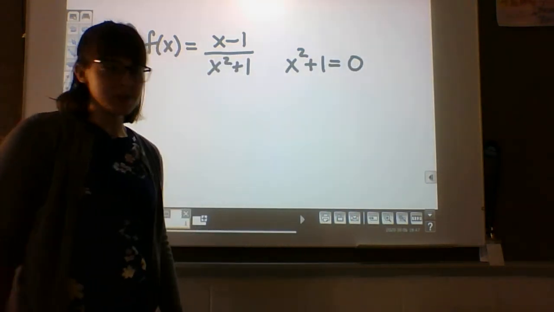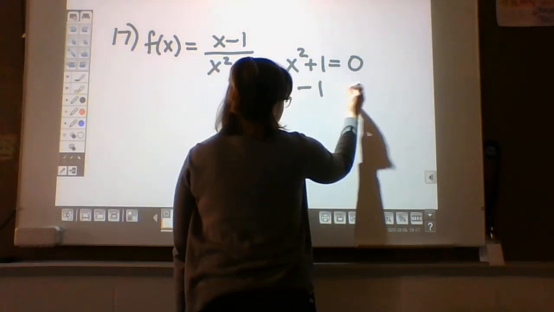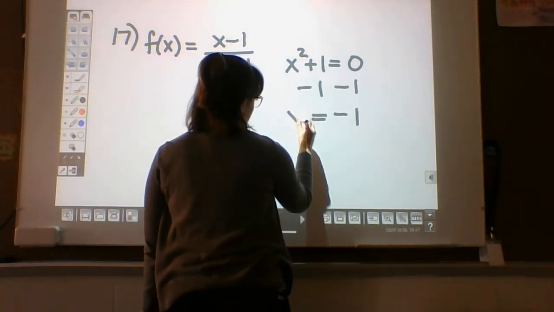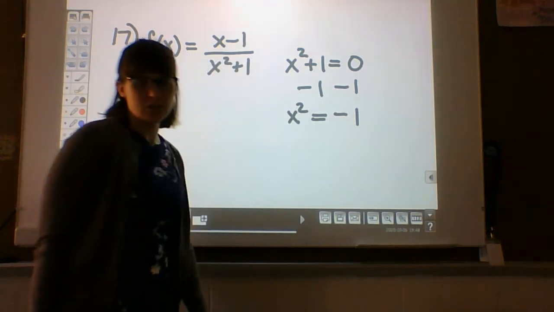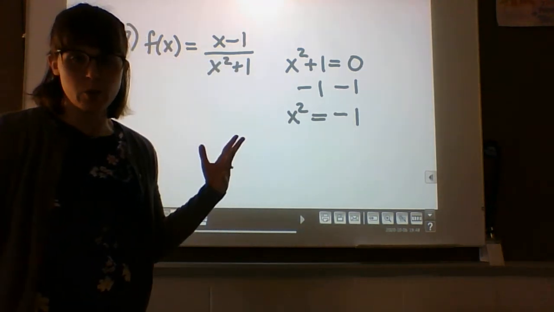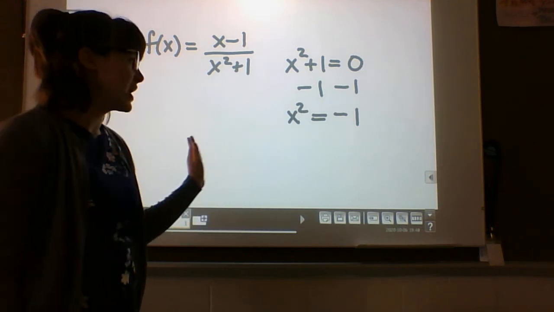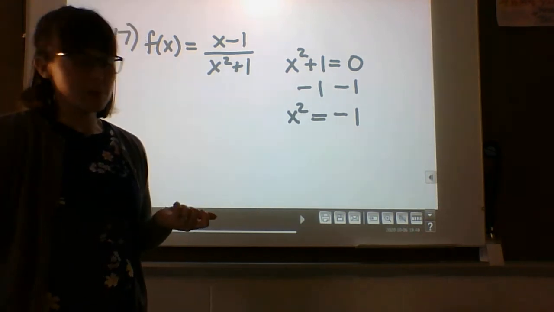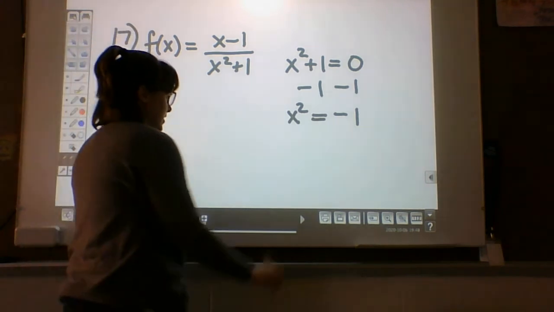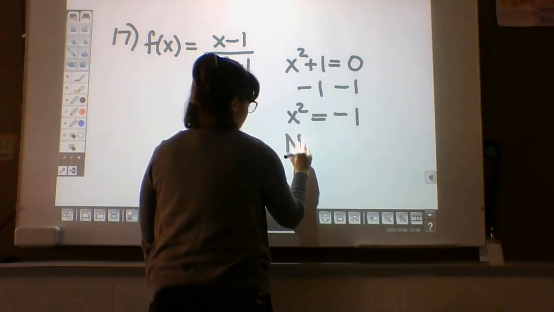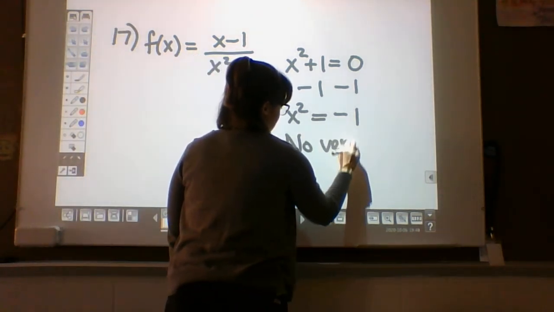Okay, so if I solve this for x, watch what happens. I have x squared equals negative 1. Can you square any number and have it equal negative 1? Well, not any real number. So, because of that, we're going to say there are no vertical asymptotes.